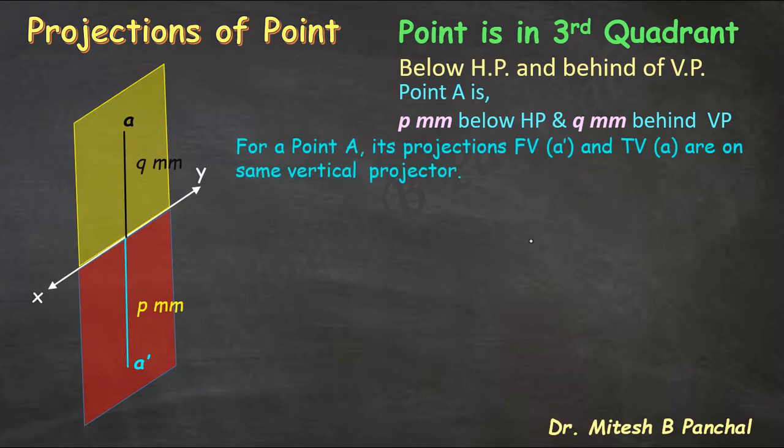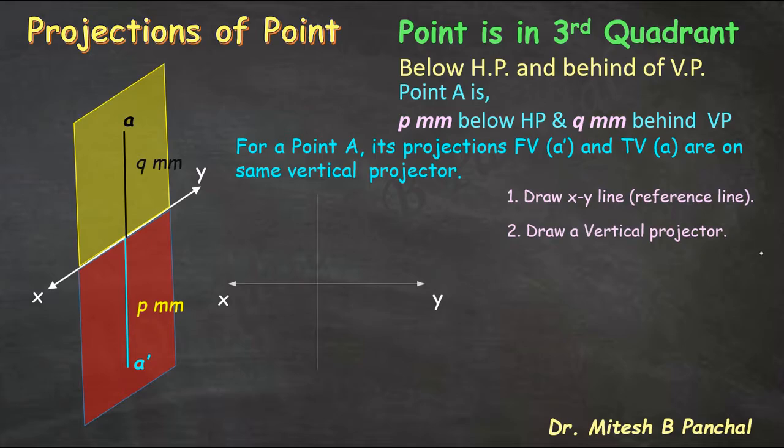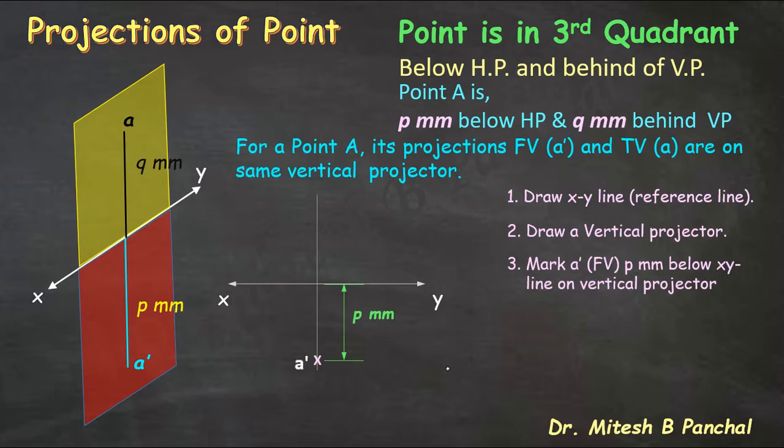So ultimately, for a point, its projections, front view and top view, are on the same vertical projector. Again we need to draw the projections. For that also, draw the XY line and draw a vertical projector. Mark the front view, that is P mm from XY line. Here, when the point is in the third quadrant, the front view will be below XY line.